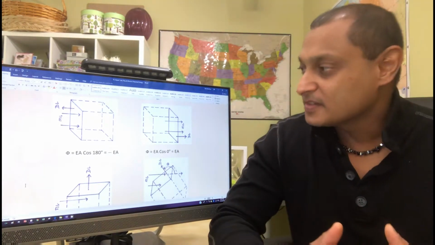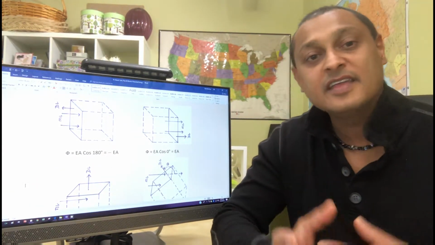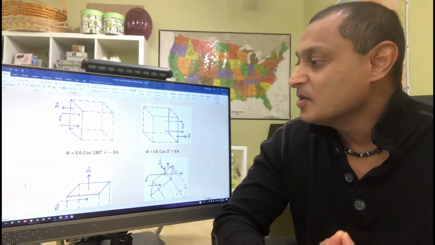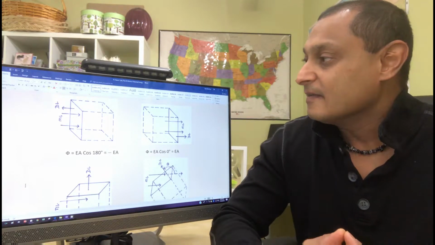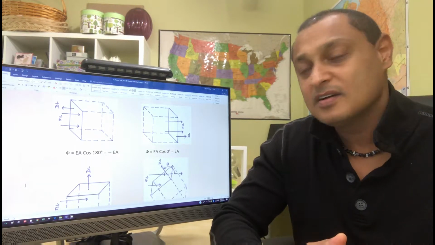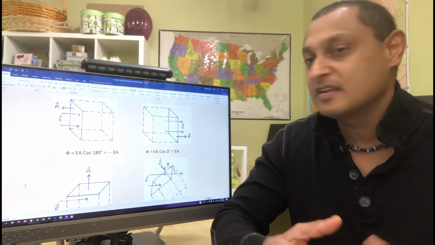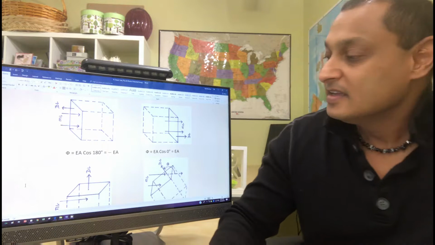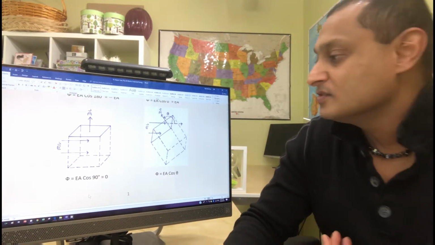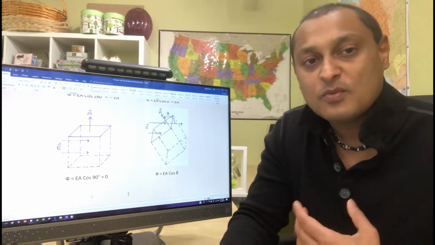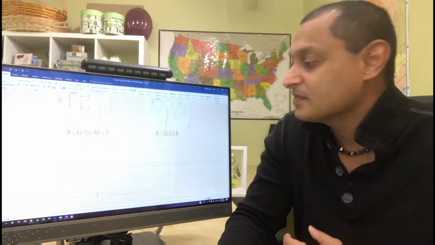Now, the electric flux is very useful in integral calculus for determining the electric field that is emanating from an entire object, or an object that is being engulfed by an electric field. The reader, as they go through this chapter, will see the different scenarios that are possible with the electric field and the electric flux.